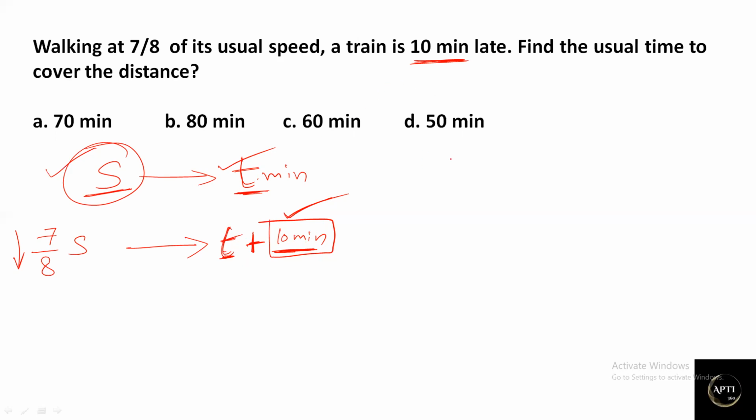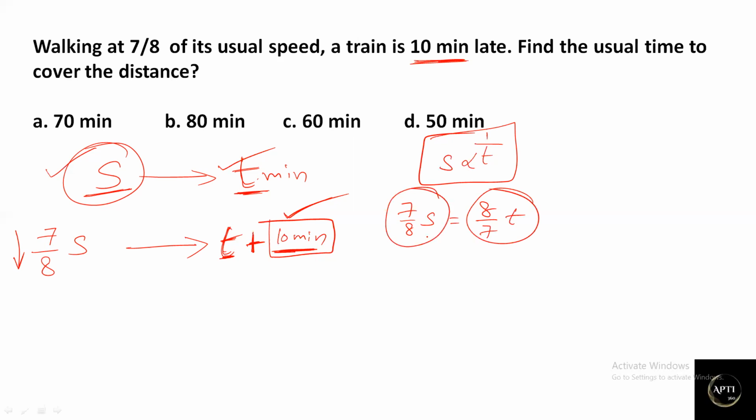Now we know that speed is inversely proportional to t. Now 7 by 8 times of s is equal to 8 by 7 times of t, because if you want to convert to t, the numbers get reversed as they are inversely proportional. Now 8 by 7 times of t, I'm writing as 7 by 7 times of t plus 1 by 7 times of t.